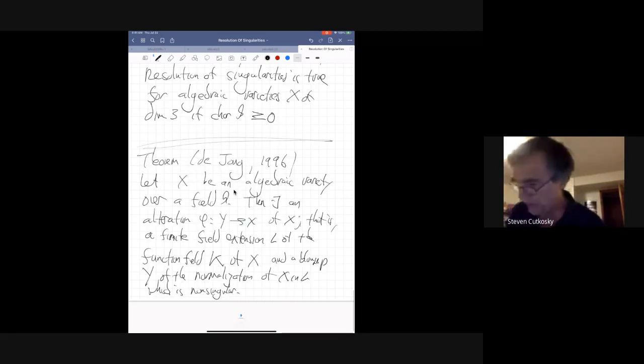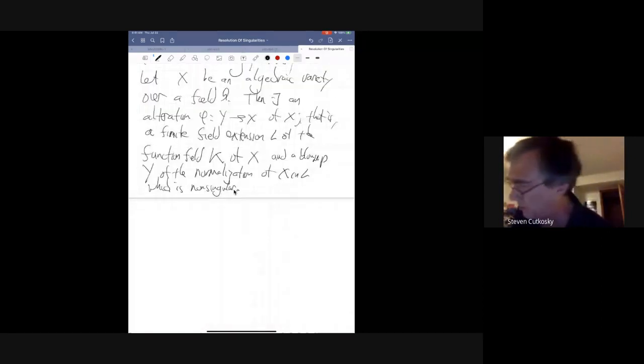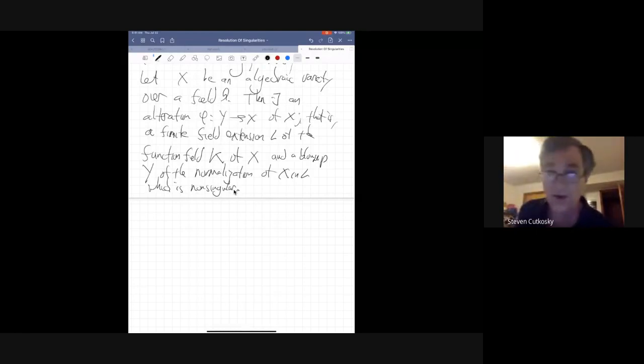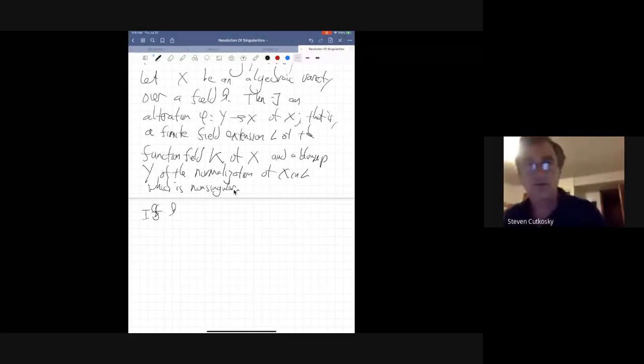So the concept of normalization of X in L was introduced by Zariski, although it's of course completely standard now. In any characteristic, it doesn't matter. If you want to be really fancy about this, you need something like a Nagata ring or Nagata scheme.